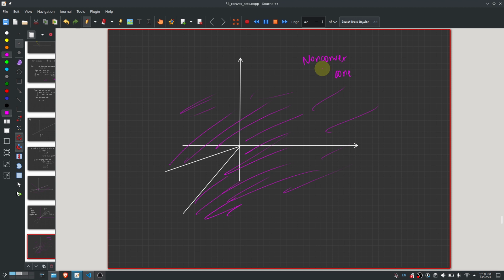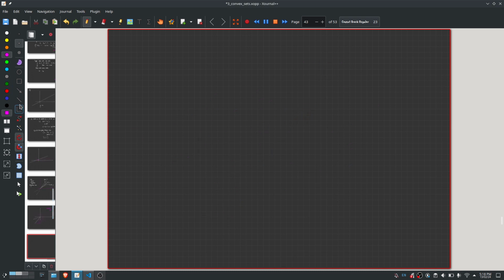Any other ways of generating non-convex cones? What is the simplest cone in R2? Just a ray, right?